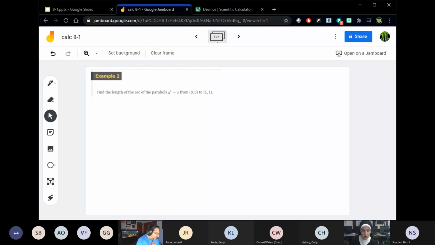All right, so I've got my x equals y squared. So in this case, since I have the x, this is going to be dx over dy. My derivative of that would be 2y.